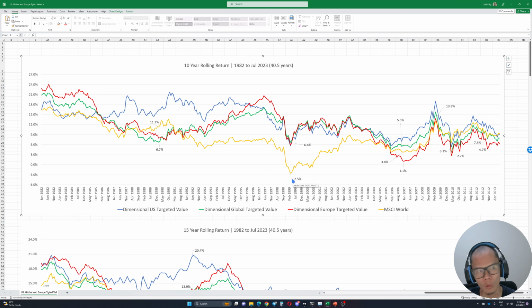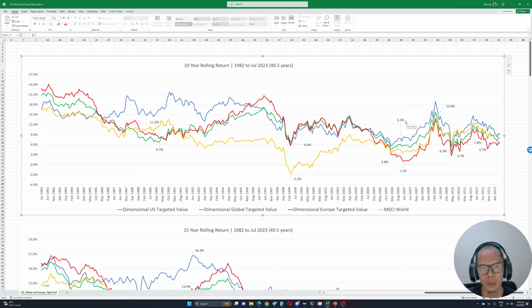One clear thing that you realize is that you wonder whether, if you had a better manager, would you be able to prevent this 10-year negative 2.5% return? It's a bit challenging. You can see that all of these lines fell during this period, all of these lines, they fell through the periods.